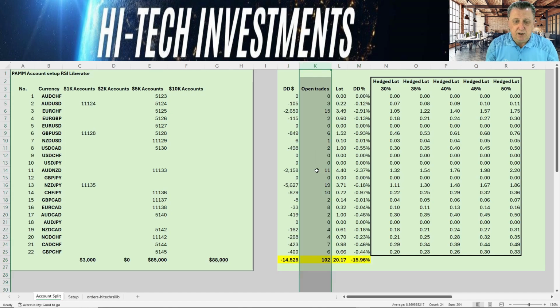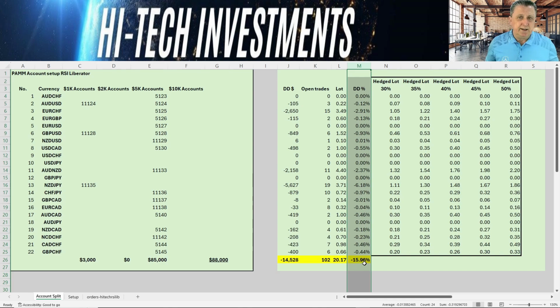We had 102 open trades, and the lots that we had out was 20.17, so quite a lot of lots in here. And then the drawdown on the account was at 15.96%. So that is the overall part that you could easily see from any FX Blue site.